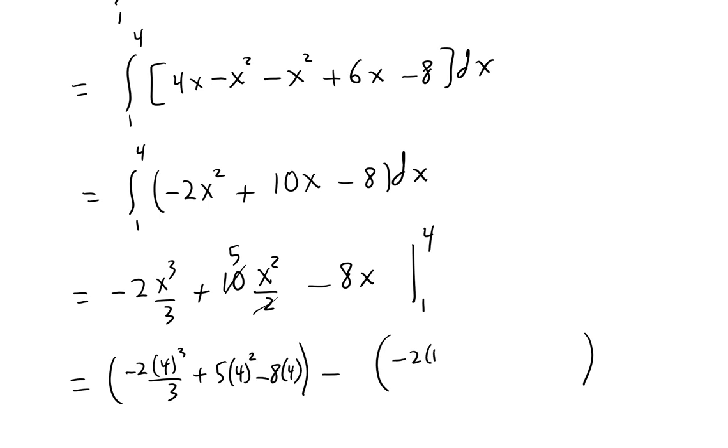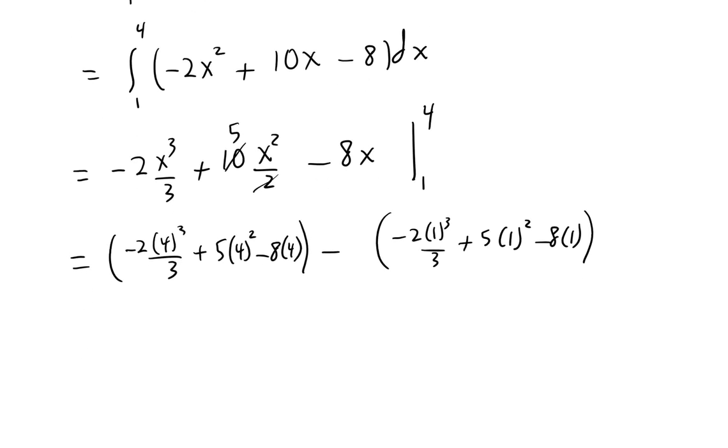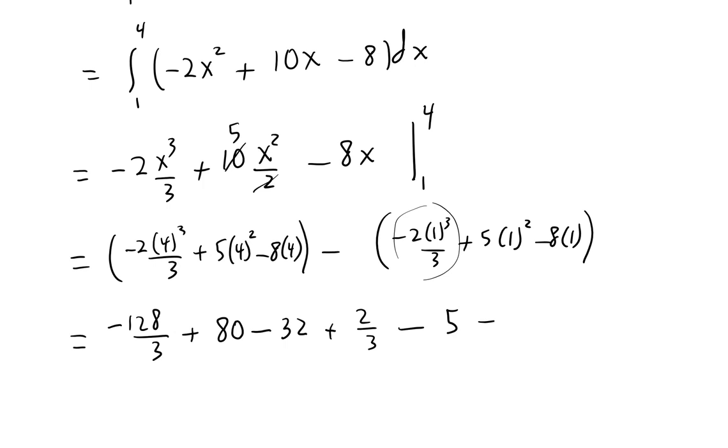We do the same thing for the 1 cubed over 3, 5 times 1 squared, minus 8 times 1. 64 times 2, negative 128 over 3. 16 times 5 is 80, minus 8 times 4, 32. So this is minus 2/3, becomes plus 2/3. Minus 5 plus 8.